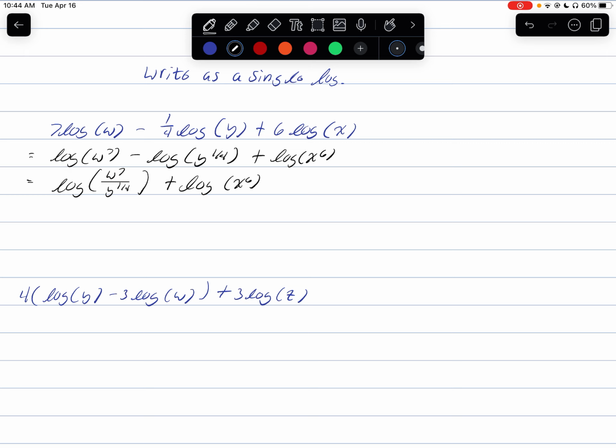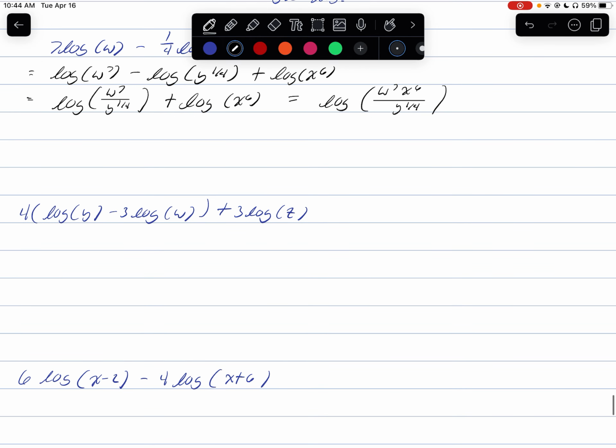So we can write this as a single log where w to the 7th over y to the 1/4 is multiplied by x to the 6th. So this would be log of w to the 7th, x to the 6th, over y to the 1/4. And that would be our fully simplified single logarithm here.